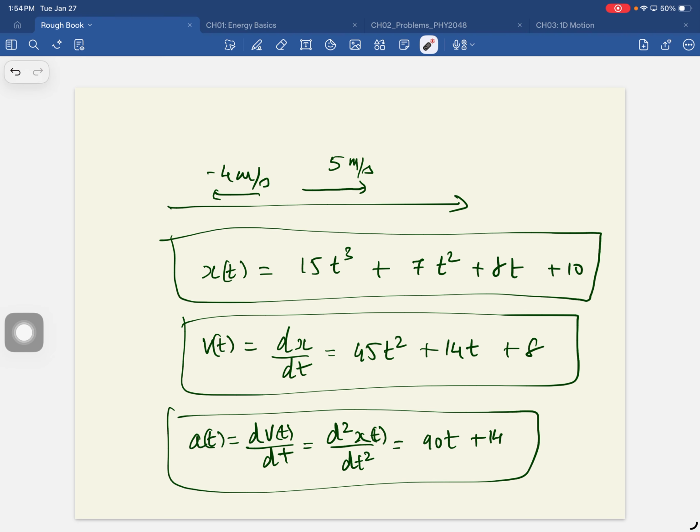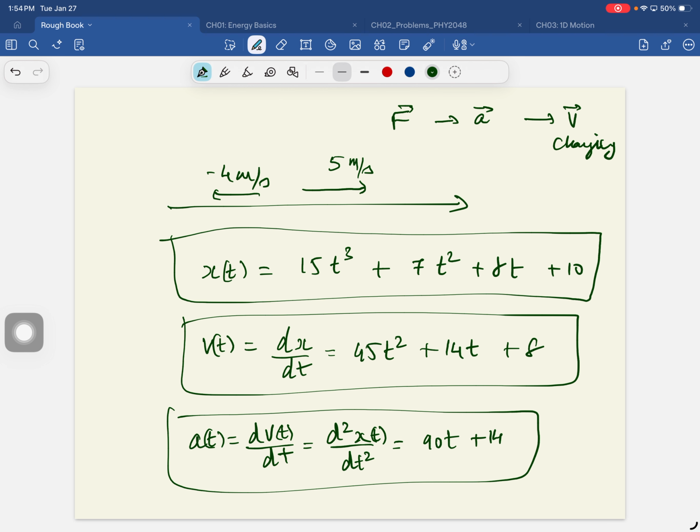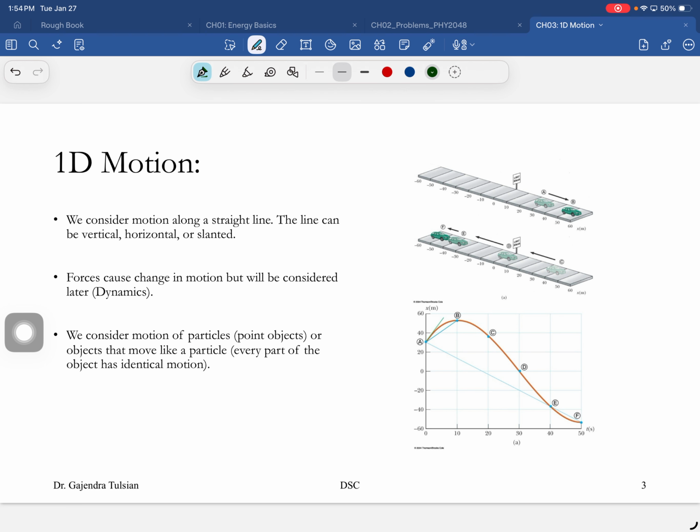This is your initial position, this is your final position, and there is your displacement vector. In one dimension, the displacement vector is the final position minus the initial position.